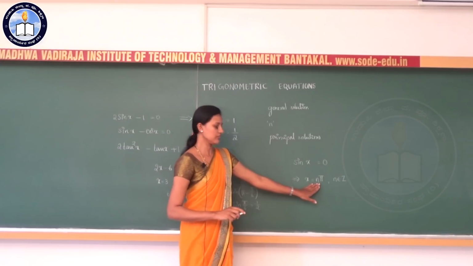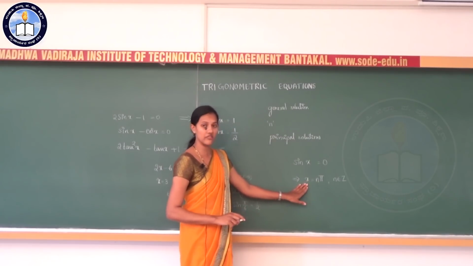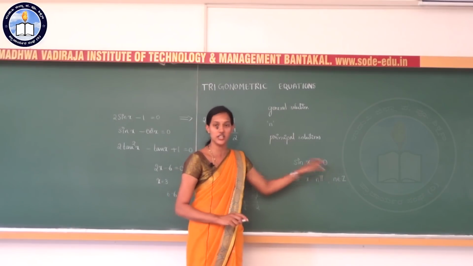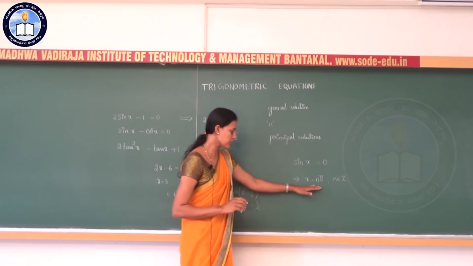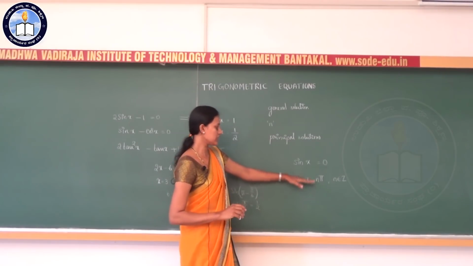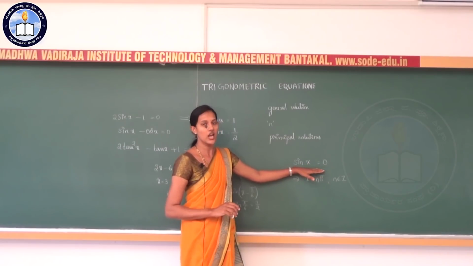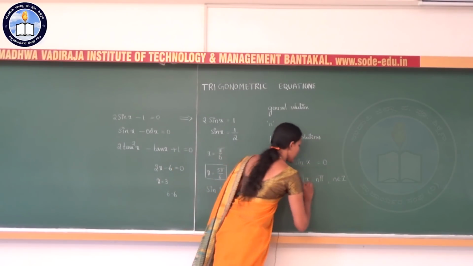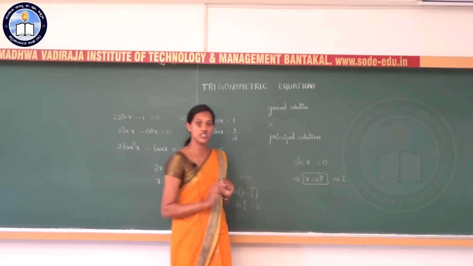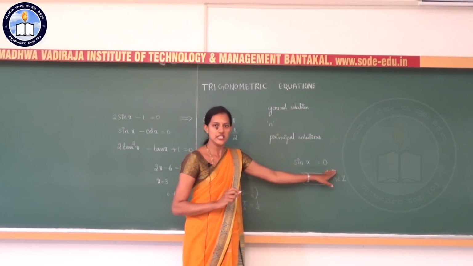So, here if we give different values for n, we will get different values of x satisfying this equation. This is an expression involving an integer n and which will represent all the solutions of this trigonometric equation. So, x is equal to n pi is the general solution of sin x is equal to 0.